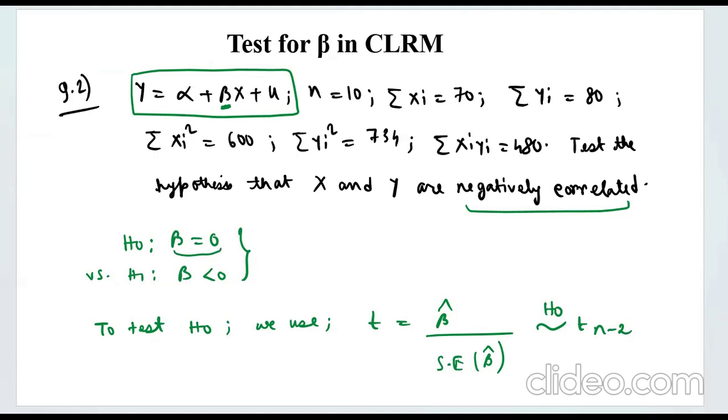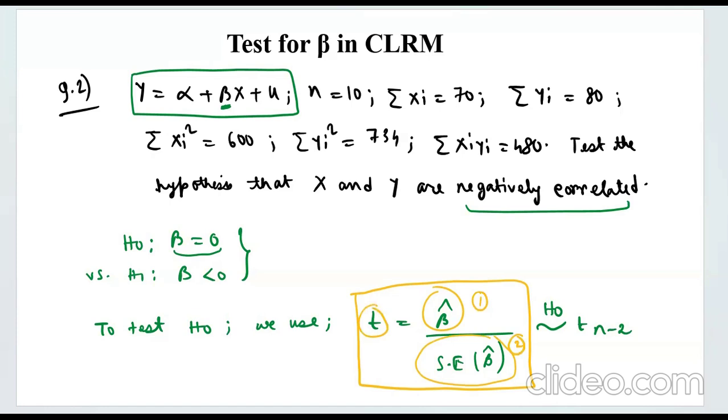So you may not write this, right? Only this much is fine. Okay. Now what you have to do, you have to separately find out this test statistic value. So this test statistic has two components. First component is beta cap and the second component is standard error of beta cap. So we will one by one find this thing and this thing. And if you then divide, you will get the calculated value of t statistic, right?